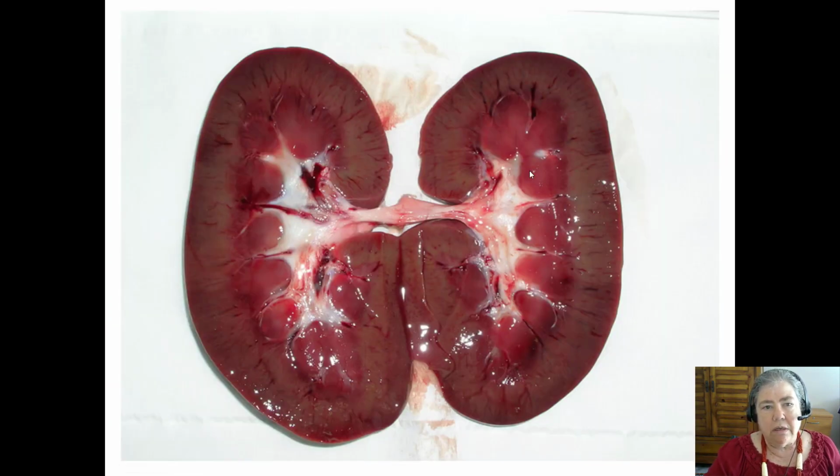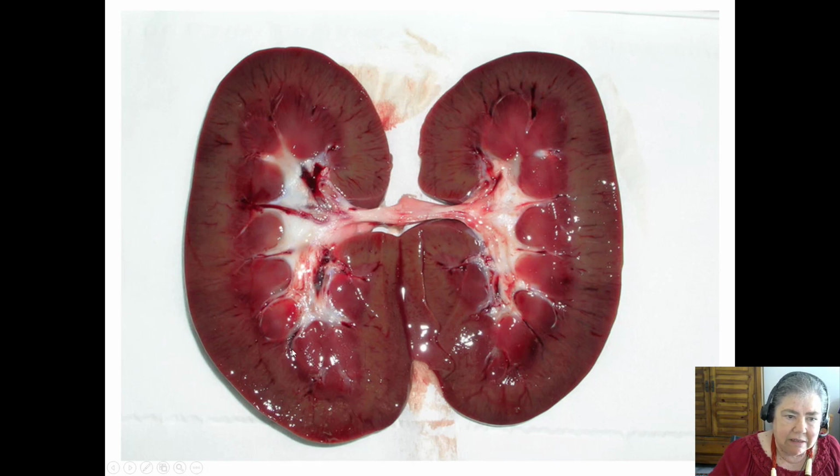And here's an actual pathologic, normal specimen, a kidney that has been sliced sagittally. We are not seeing a lot about the vessels here. We are seeing the renal pelvis. We are seeing the capsule, this whitish grayish covering, the cortex, the medulla with the pyramids.